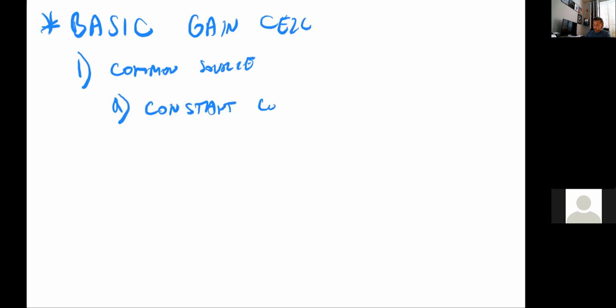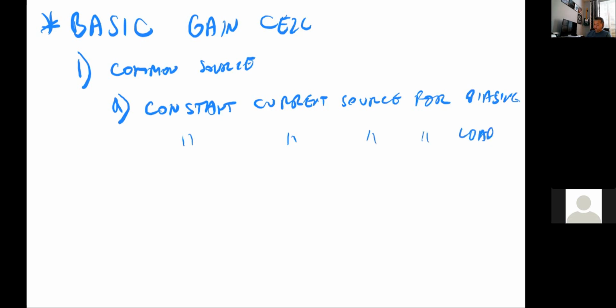So we just looked at the current mirror. And also, we're going to use a constant current source for loading. Remember that for the common source amplifier, the gain is proportional to the load.